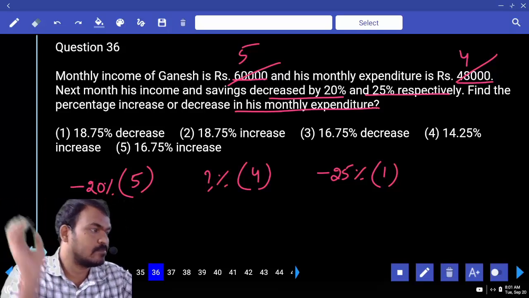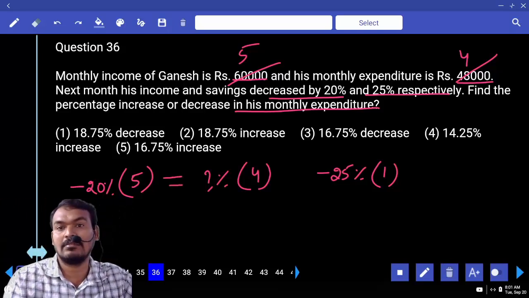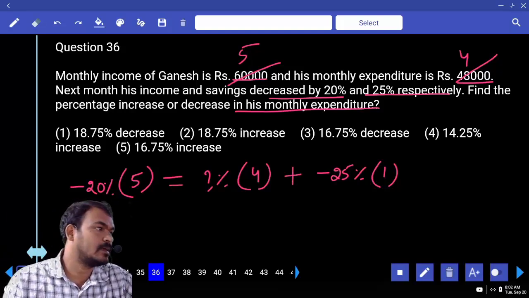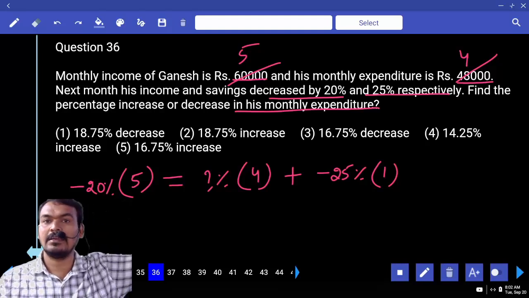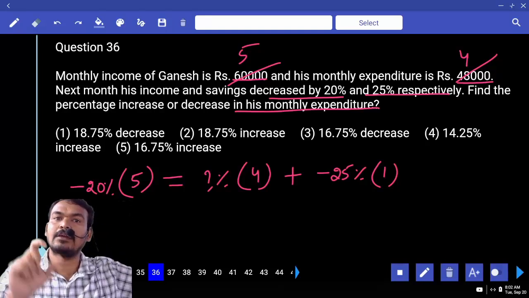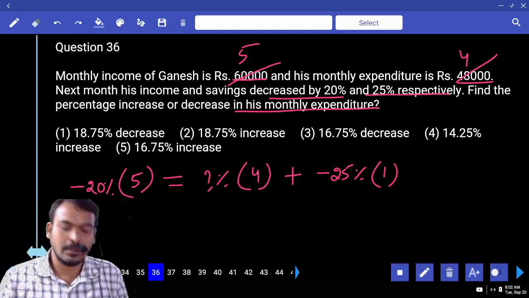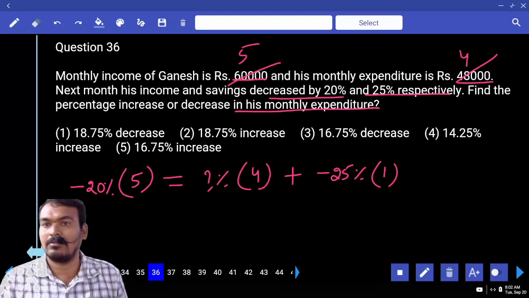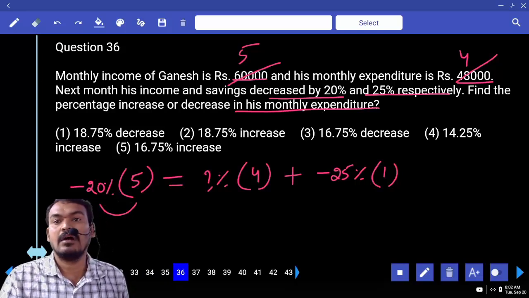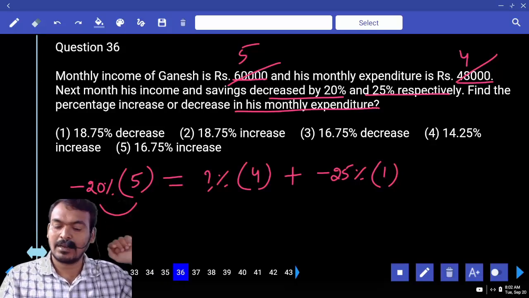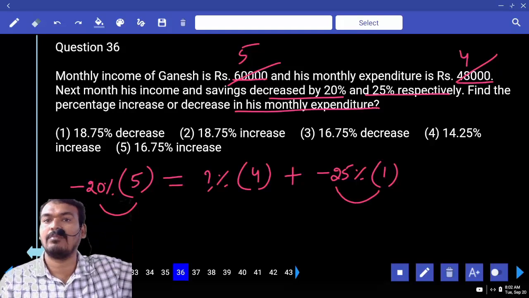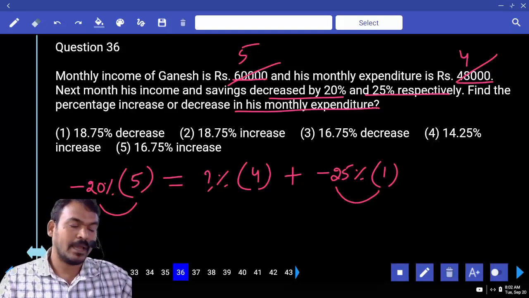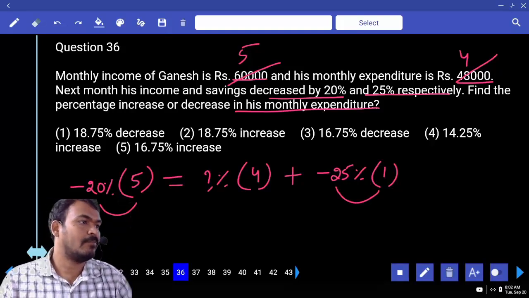Left hand side decreased value is equal to right hand side decreased value. Left hand side is income, right hand side is expenditure plus savings. First, left hand side percentage, right hand side percentage. 20 into 5 is 100, so it is minus 100. But on the right hand side it is minus 25, which will become plus 25. Minus 100 plus 25 means minus 75.